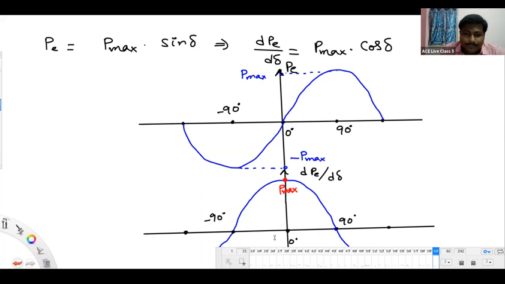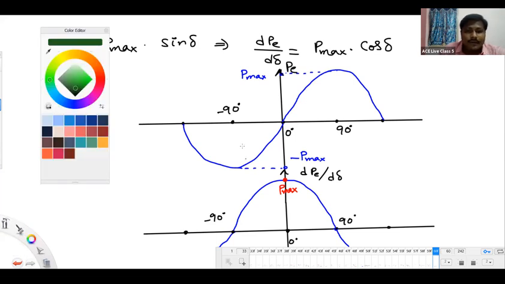Tell me, in the power angle curve, what I have shown, in what range of angles do you have positive slope? Simple. That is starting from minus 90 degrees to plus 90 degrees.